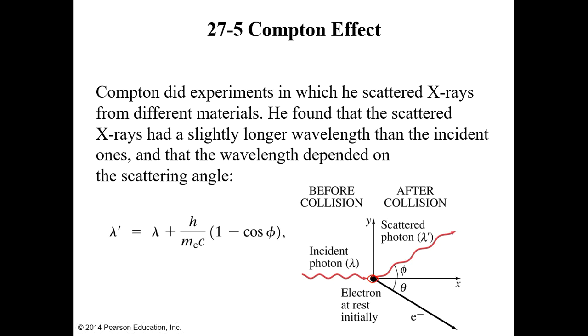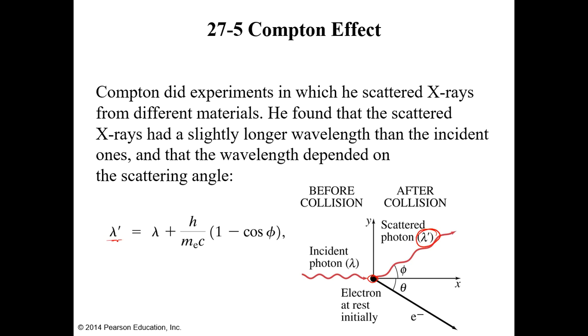That electron can then escape, very much like the photoelectric effect. Bam, electron's gone. But this particular photon happens to have more energy than that, and so the photon is then scattered, turns at a different angle, and it now has a new wavelength.